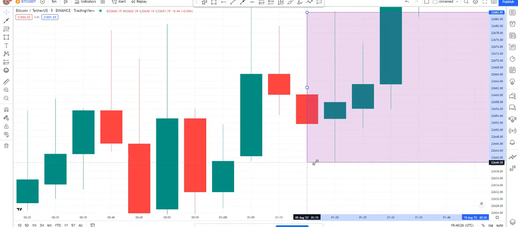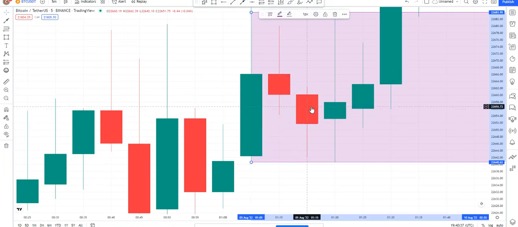This is the candle. It went below this candle beside it. After going below that candle, it continued going up.